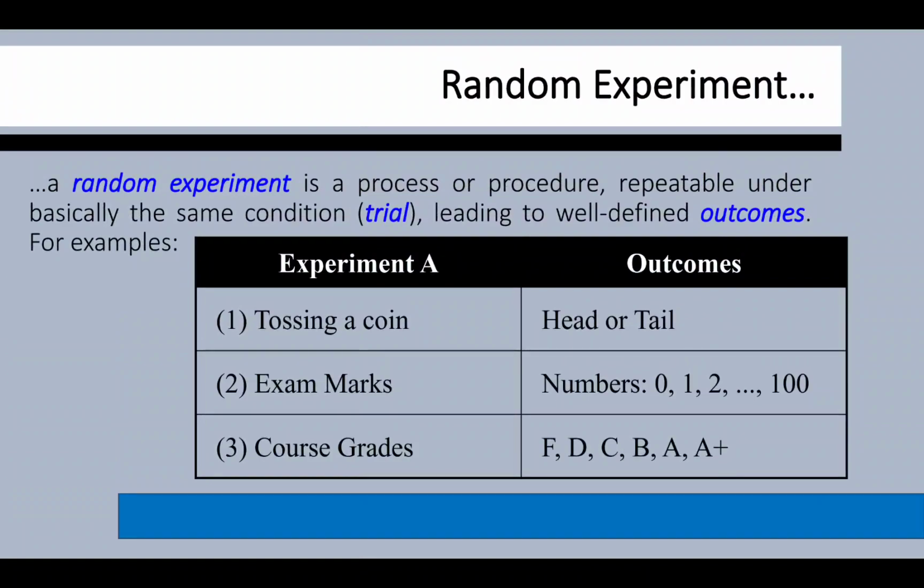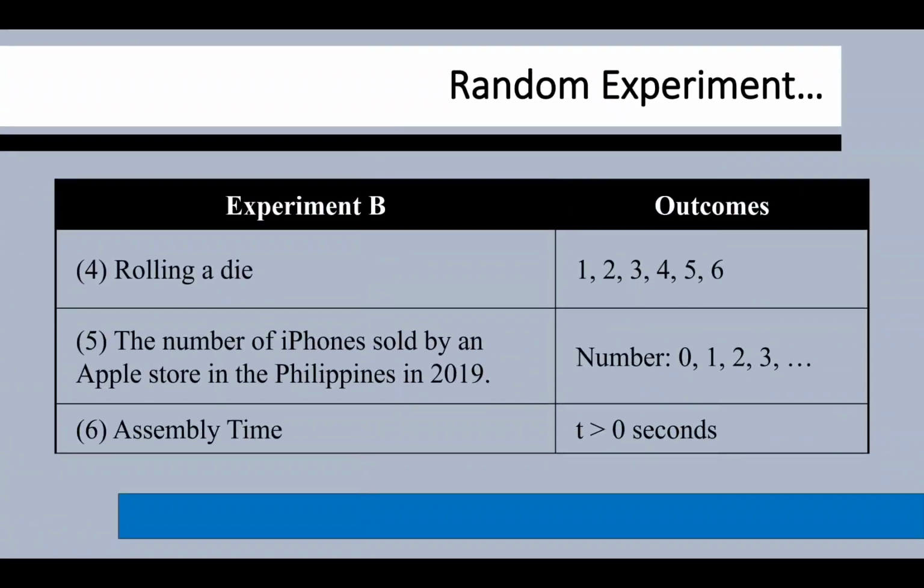Exam marks, numbers from 0 to 100 if it is percentage. Course grades, pag letter grade, F, D, C, B, A, A+, and so on. Rolling a die, number of dots, 1 to 6. The number of iPhones sold, numbers from 0 up to infinity. Assembly time could be expressed as t greater than 0 seconds.